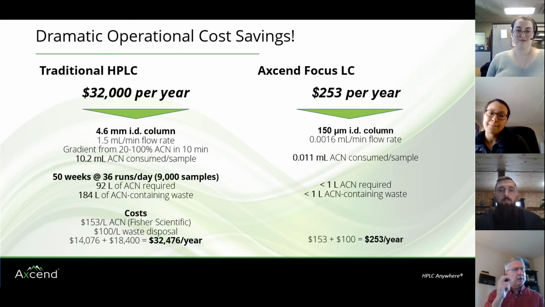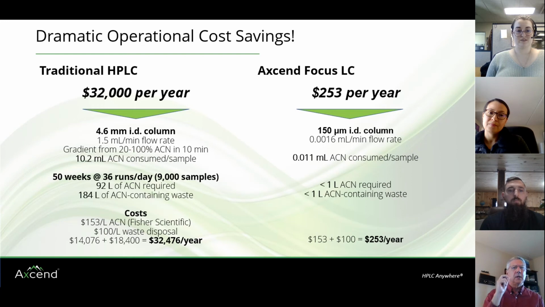What's so important? What's so exciting about our LC? Well, let's talk about savings and how much it costs to run a traditional HPLC for you per year. Now, you might look at these numbers and go, well, you say that acetonitrile is $153 a liter, but we don't pay that much. It doesn't matter how much you pay for acetonitrile.